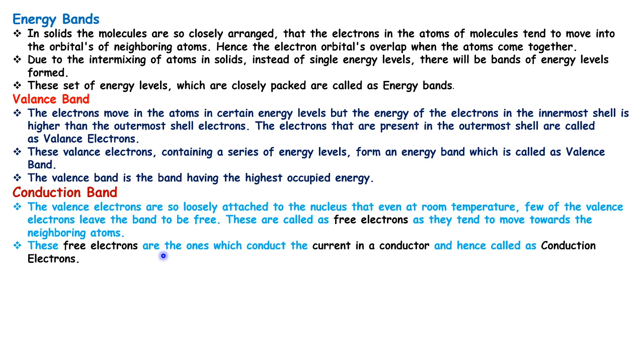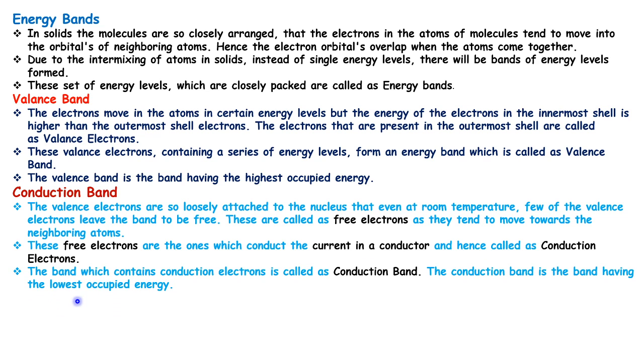These free electrons are the ones which conduct the current in a conductor and hence are called conduction electrons. The band which contains the conduction electrons is called the conduction band, and the conduction band is the band having the lowest occupied energy.